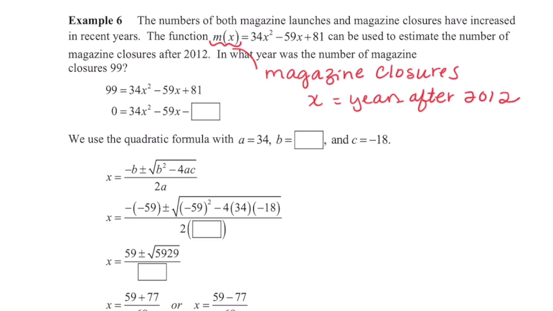So when I look at the value of closures of 99, that means I'm going to replace our m of x value with 99 and solve for what year that will happen. When I plug in 99, I need to subtract 99 from both sides so that I can obtain 0 equal to 34x squared minus 59x minus 18.